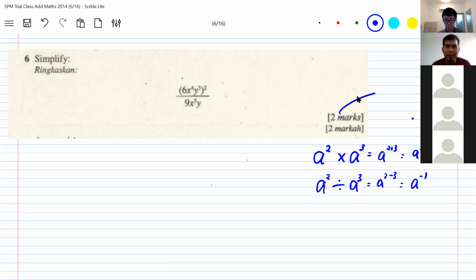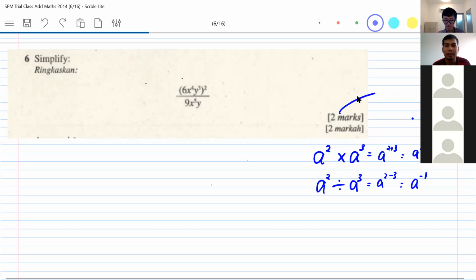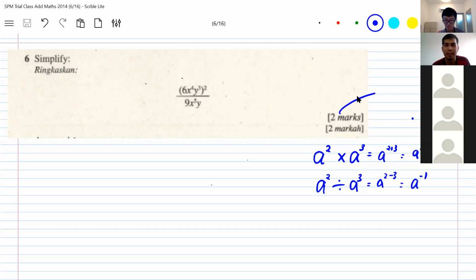Most common mistakes I see students do is that A squared times A cubed, they times the number on top. So instead of 2 plus 3, they do 2 times 3. That is a big mistake, because that's not one of the rules, right? So these are two very kind of guarantee that it will come out, or you would have to use this learning in SPM. Okay.